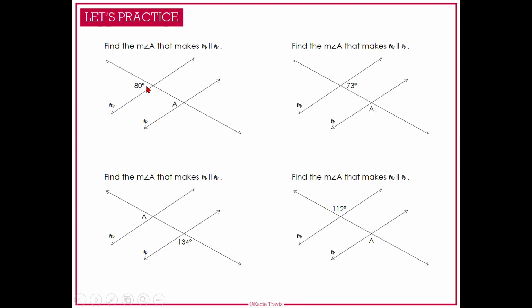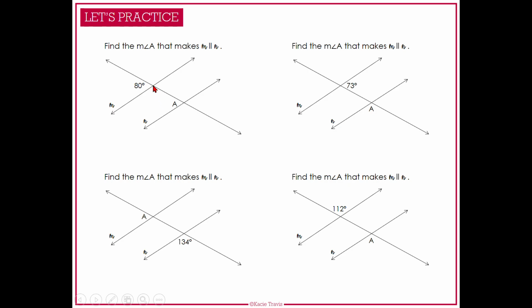So first off, we got to know what is the relationship between this angle here, 80, and A. They're both on the same side of the transversal, and they're both facing the same direction. The angle's pointing this way. Angle's pointing this way. Now, because of that, that makes these two corresponding angles.